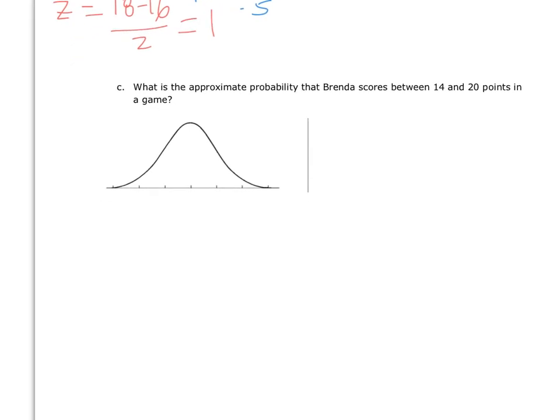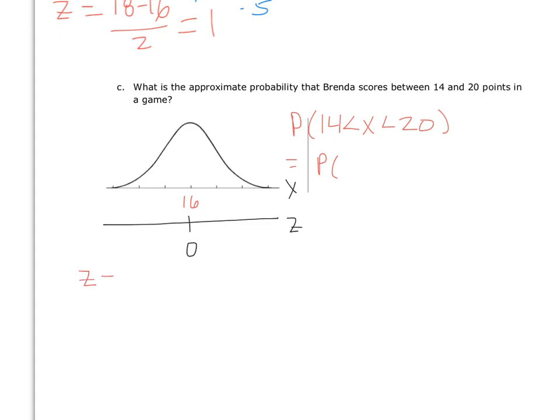All right, let's look at another one. What is the approximate probability that Brenda scores between 14 and 20 points in a game? So we want the probability that 14 is less than x less than 20. We want to convert that to a probability with z, so let's convert to z-scores.